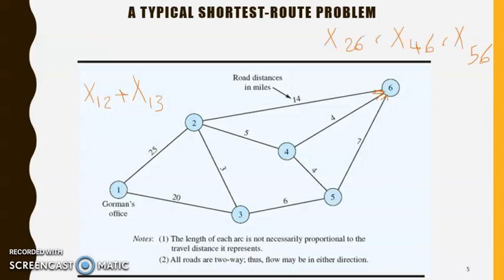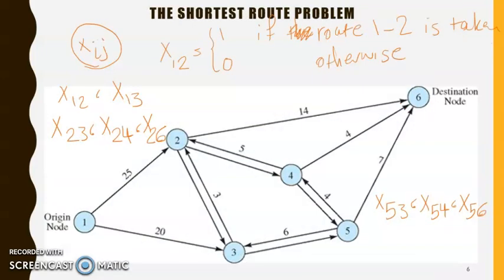It's a transshipment node. And the constraints related to nodes 2, 3, 4, 5 are going to be the same. So I'm going to give you a hint on node 2 so you can write the constraint regarding this node as well as the other ones.